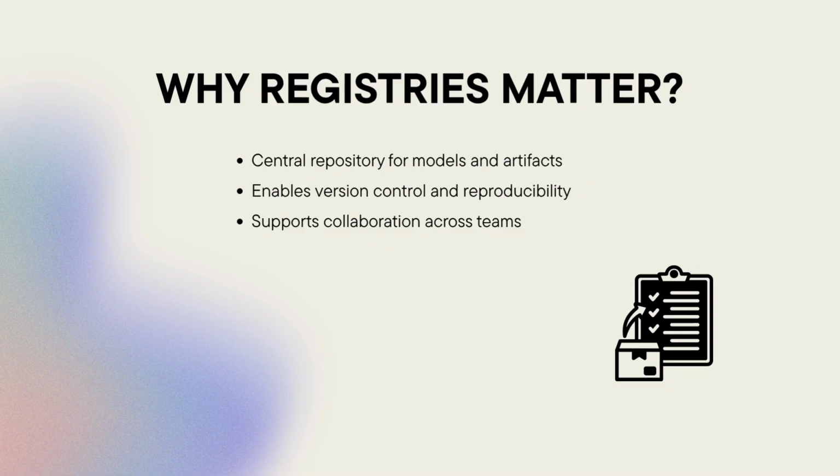This also enables reproducibility. Auditors or engineers can trace back to the exact model and environment that produced a result. Finally, registries foster collaboration by ensuring data scientists, machine learning operations engineers, and compliance officers are aligned on a common reference point.